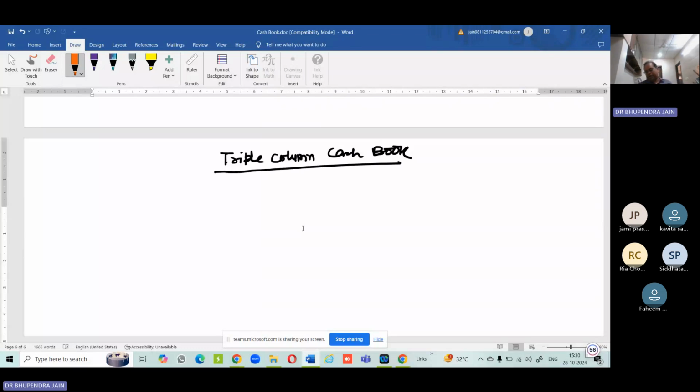Okay. Now the next concept under the cash book or the subsidiary book, triple column cash book. In this, we have already discussed one column is cash, another column is bank, and the last column is the discount.